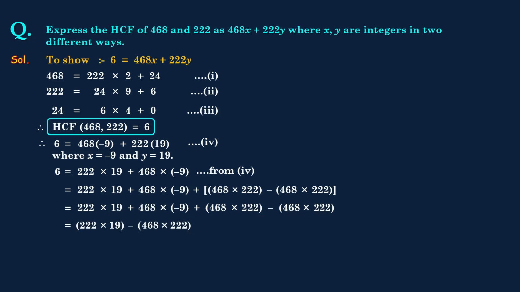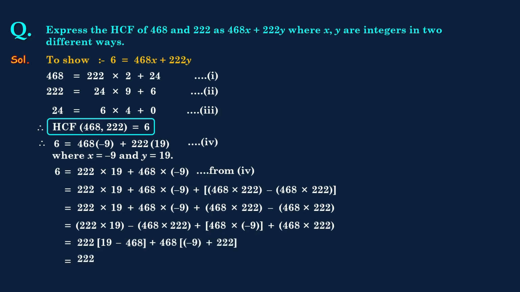Now group the 222 one: 222 into 19 minus 468 into 222, and group the 468 one: 468 into minus 9 plus 468 into 222. So 222 into, now apply the distributive law, 19 minus 468, plus 468 into minus 9 plus 222. So 222 into minus 449 plus 468 into 213.